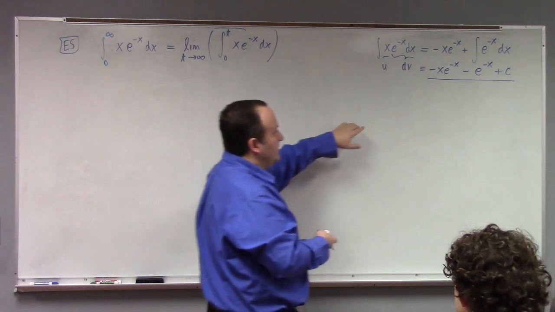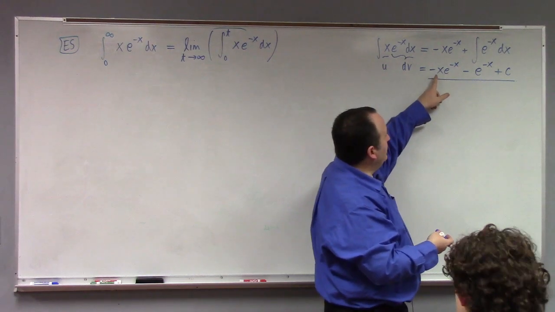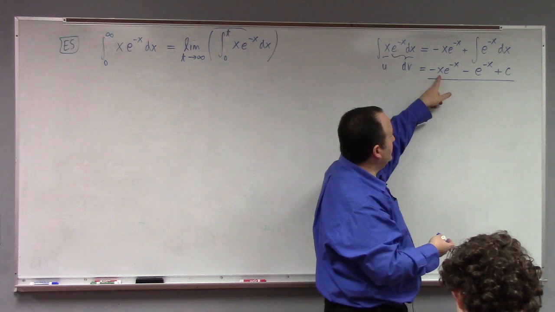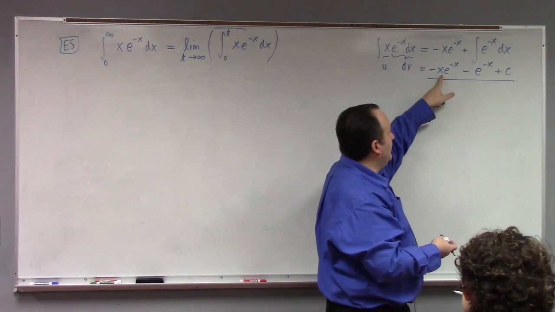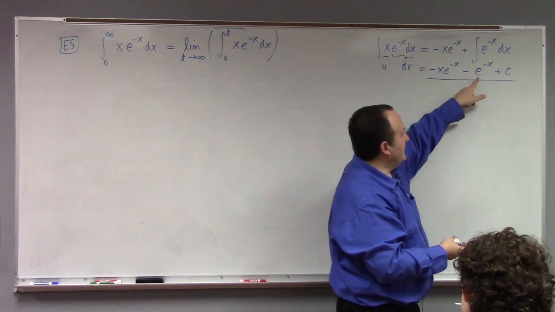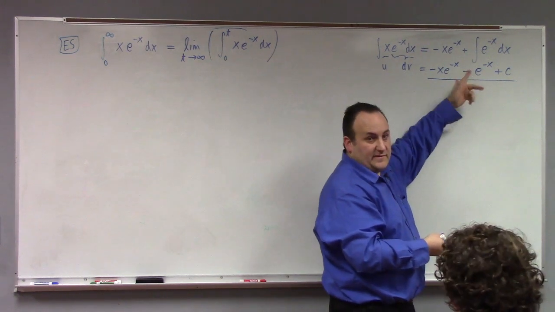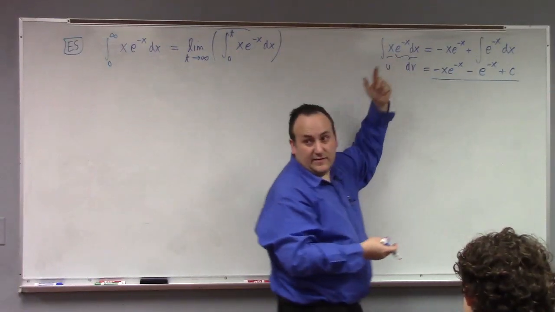We can differentiate it, yeah? If I differentiate this, the product rule gives me what? It gives me the derivative of x, which is 1, so I get minus e to the minus x, right? Then the other part of the product rule gives me a plus x e to the minus x, right? Then I differentiate that, and I get a plus e to the minus x. So the plus and the minus e to the minus x cancel, and I'm left with the x e to the minus x. So it works.